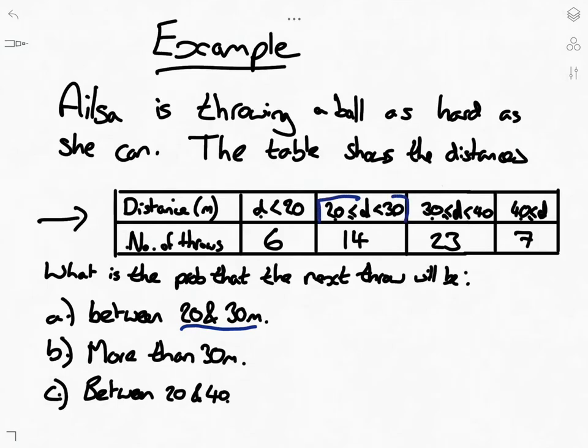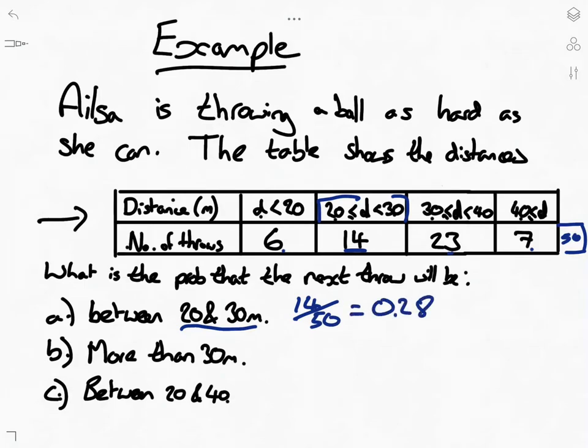So it's 14. But 14 what? Well, how many throws has she done? She's done 6, 14, so that's 20. Add 23 is 43. Add 7 is 50. So we could have a little total column with 50. So 14 out of the 50 throws have gone that distance. So that's the probability.